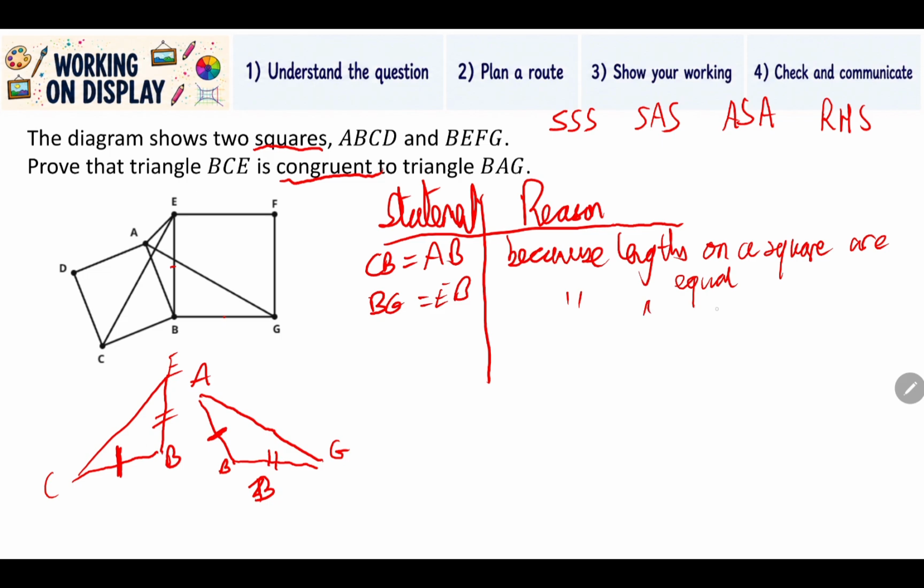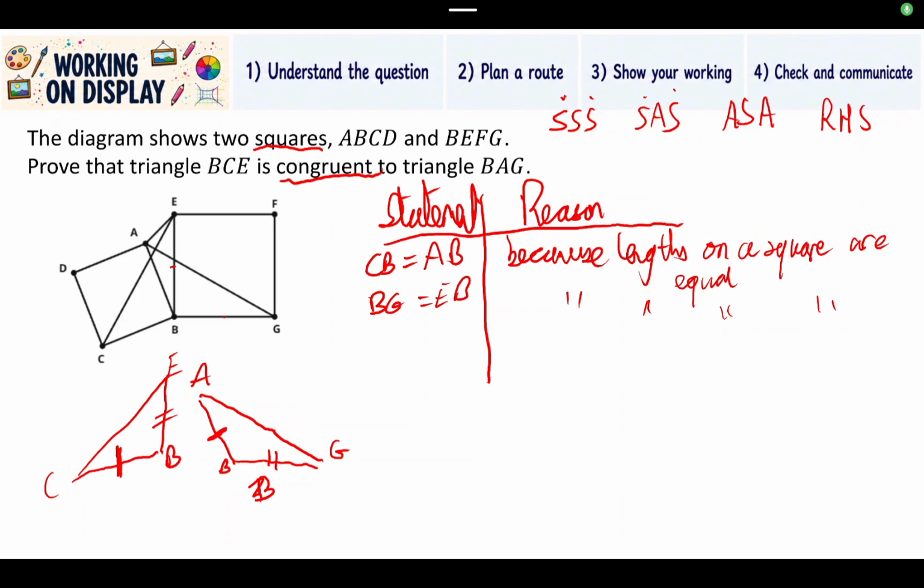It's because lengths on a square are equal. You could write it again, but you can also do what I've just done there. So this is good, and we're seeing they're not right angle triangles, but we've got two side lengths of the triangle. So we're very near our conditions here. We've got either maybe side, side, side, or side, angle, side.